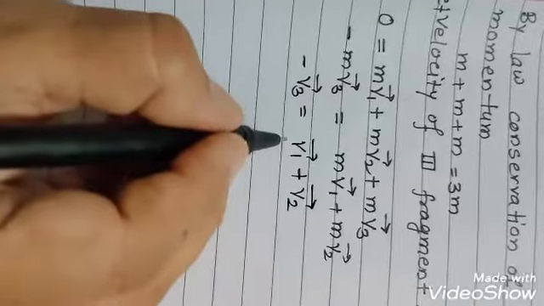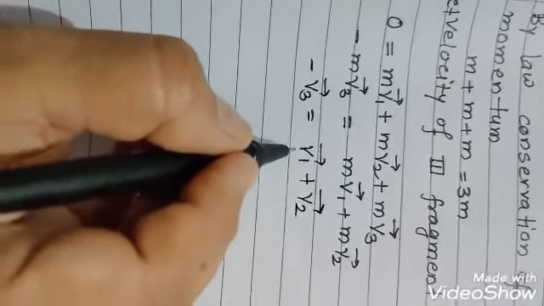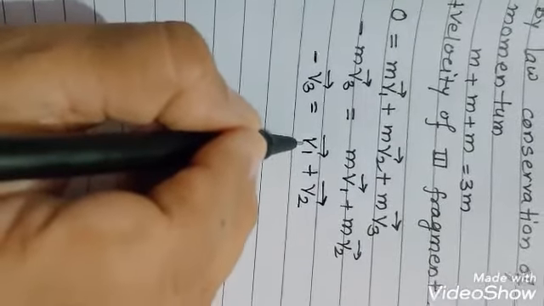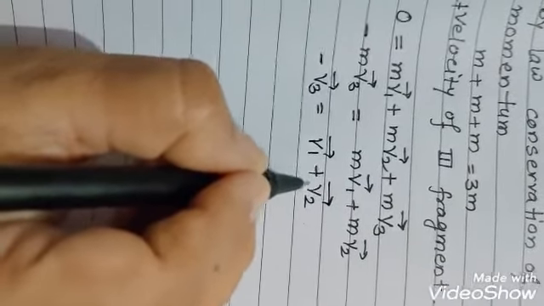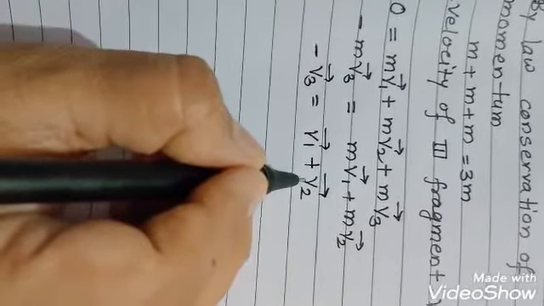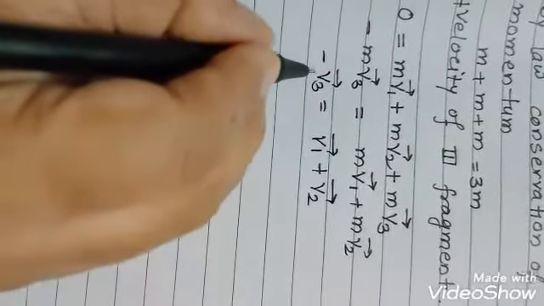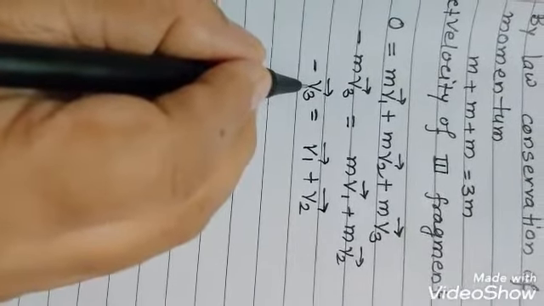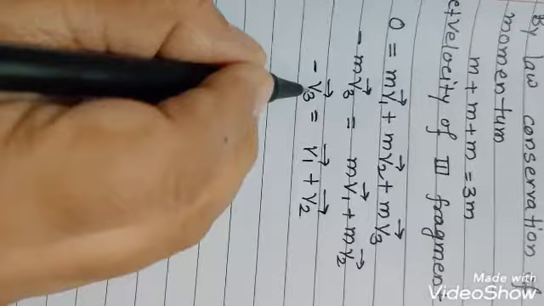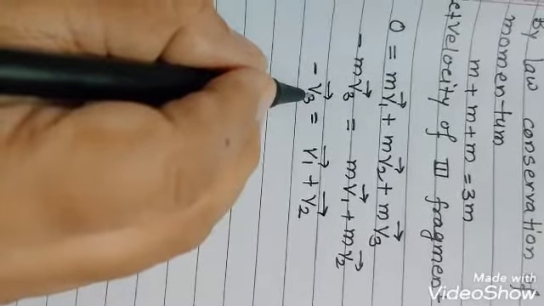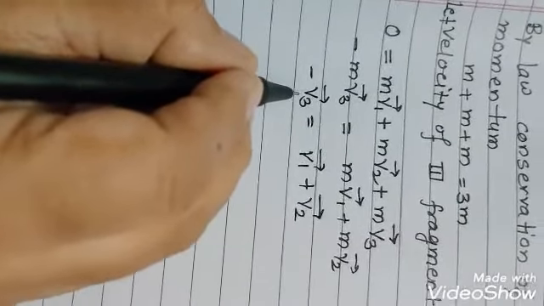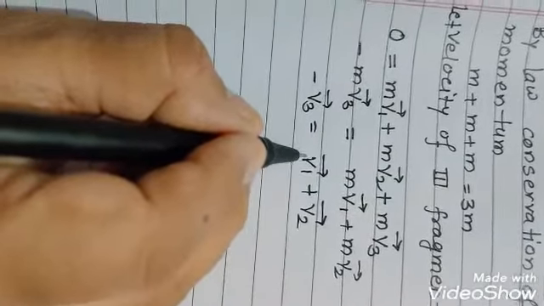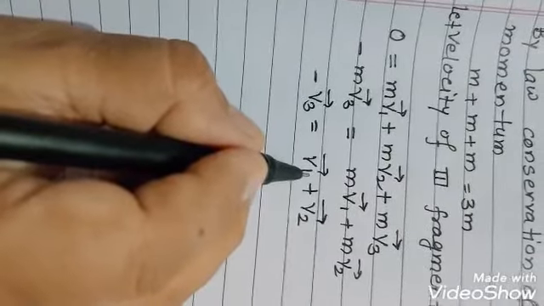That means the resultant of the velocities of the first and second fragments gives the magnitude of the velocity of the third fragment, and the direction of the third fragment's velocity will be opposite to the resultant of the first and second fragments.